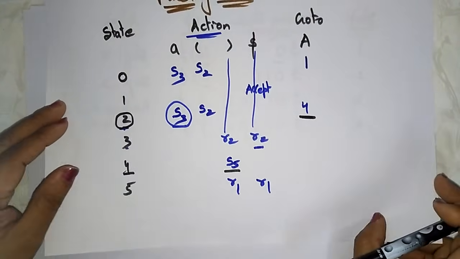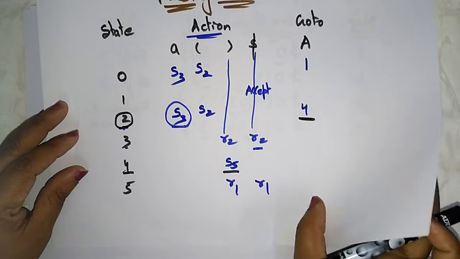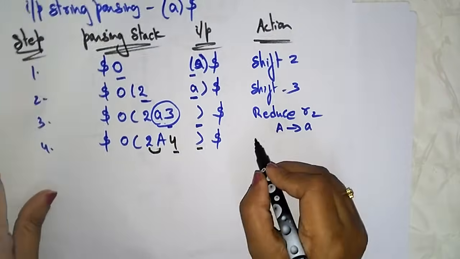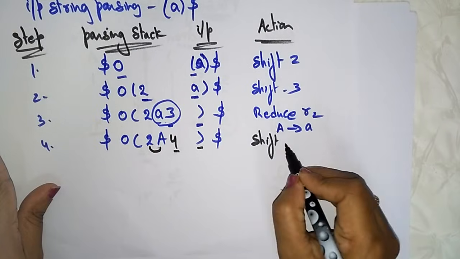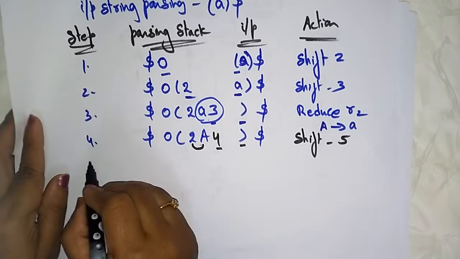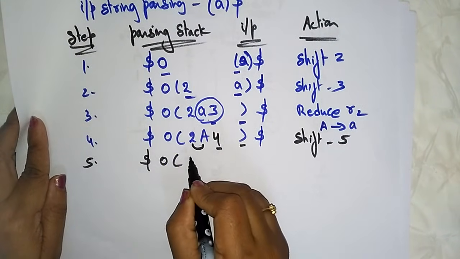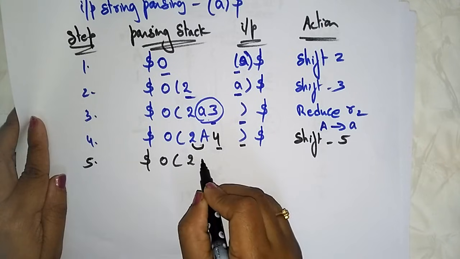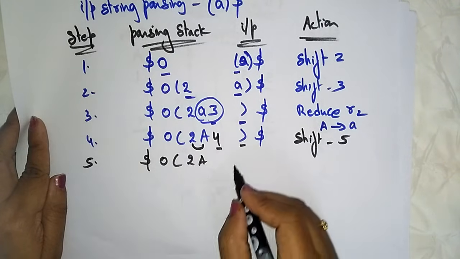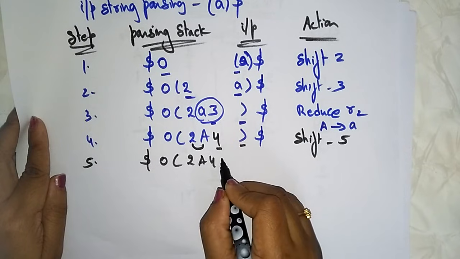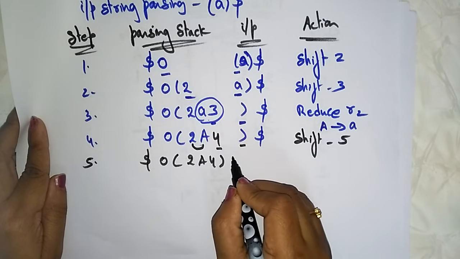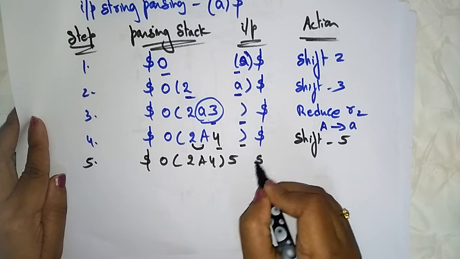So I have to shift that terminal along with the 5. Let me write: shift the terminal along with 5. Dollar 0 left parenthesis 2 A 4, shift right parenthesis along with the number, and a dollar.